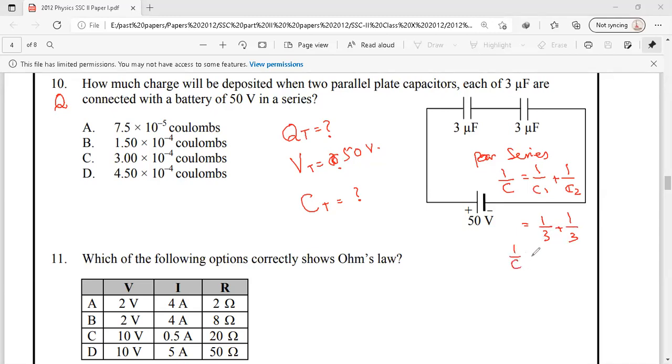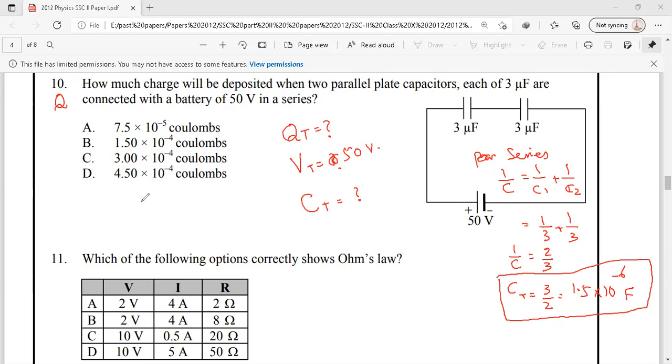So 1 over C total capacitance will be equal to 2 over 3, and finally total capacitance will be equal to 3 over 2, or 1.5 × 10 raised to the power minus 6 farad, because these capacitors were in microfarad.